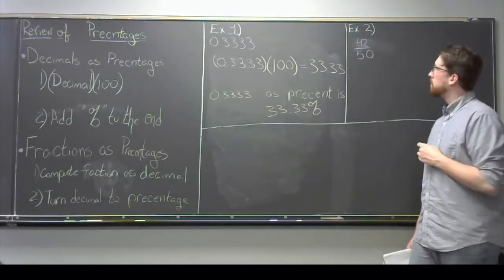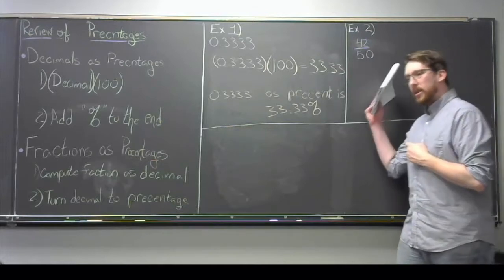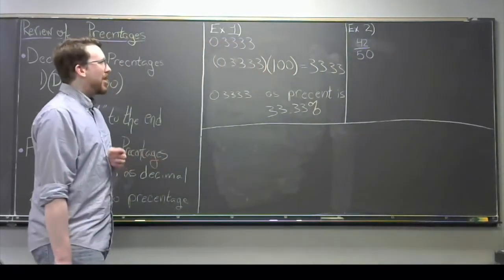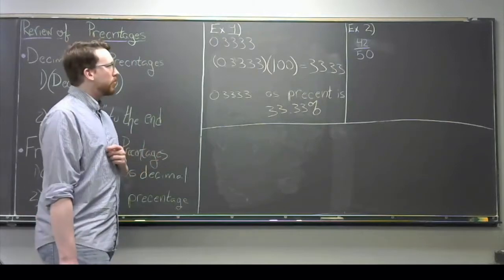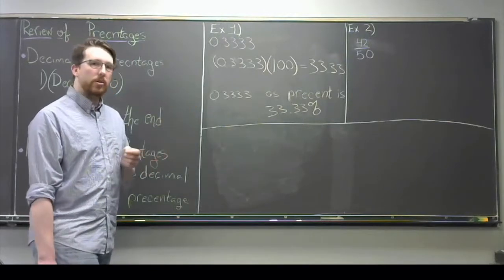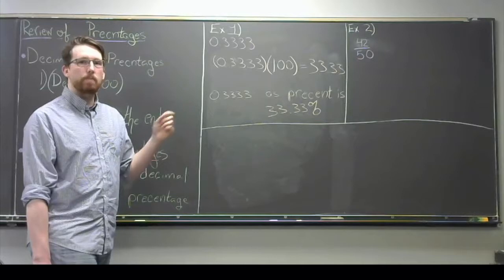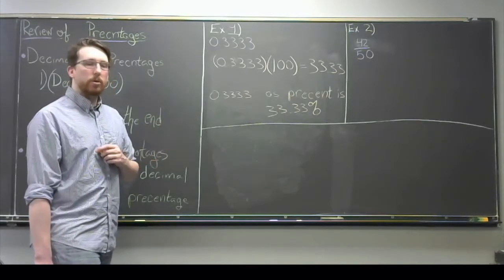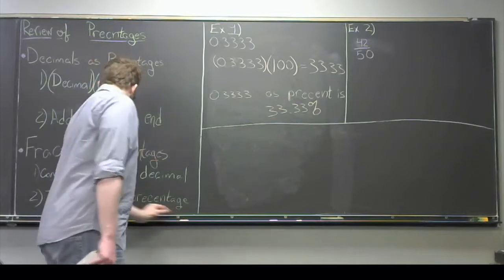Pretty straightforward. Now, in the second example, we're given a fraction, 42 over 50, and we want to turn that into a percentage. Well, we can use long division to calculate what that is as a decimal, and then we can turn that decimal into a percentage. So let's do that really quick.